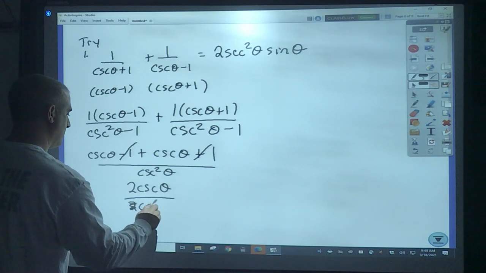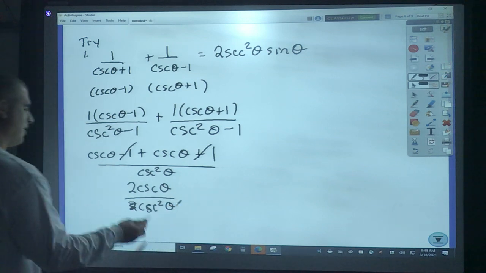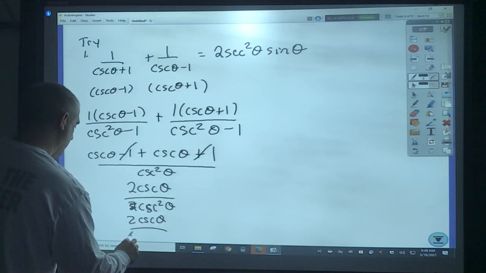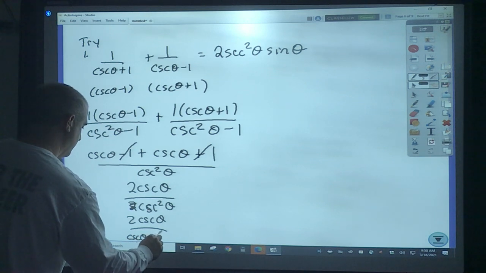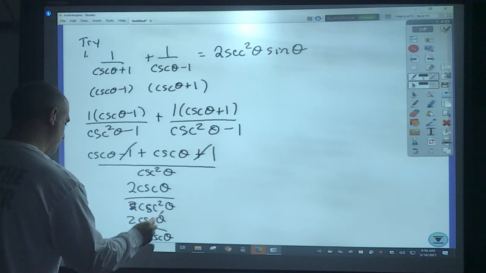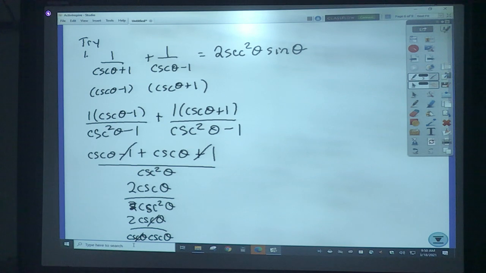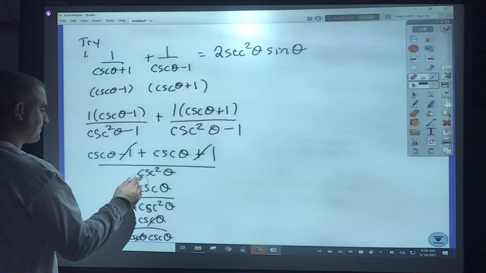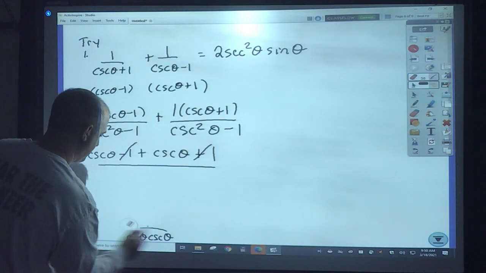Now what I can do is write this out, cosecant theta, cosecant theta, cosecant theta. So boom, boom, that eliminates. Oh, whoops, sorry, I did that wrong. Let me back up here. That is not correct.